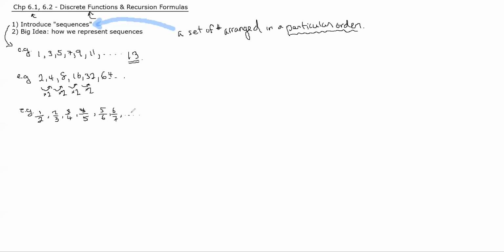The next number would be 7/8. Why? Some of you might say the start is 1/2, and then the numerator and the denominator both increase by 1 every single time.